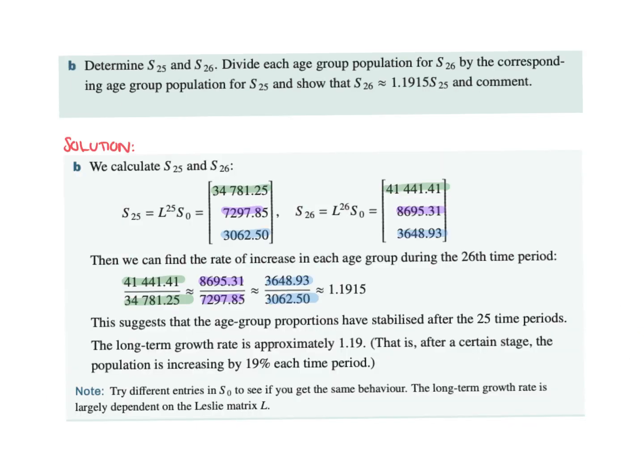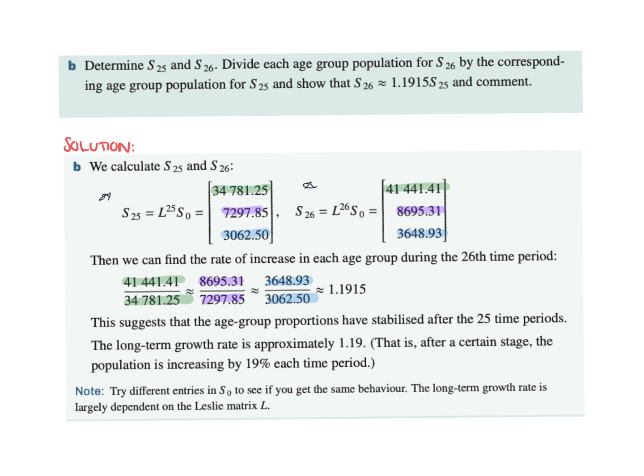Okay, so in part B, it says determine S25 and determine S26. You can see they've done that underneath, and we've done that here. Then it says divide each age group in S26 by the corresponding age group of S25.